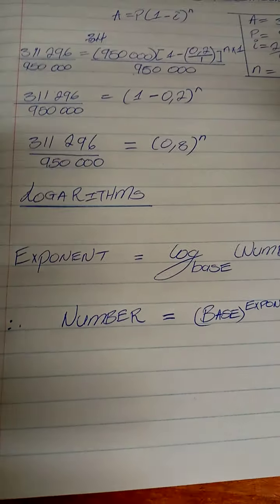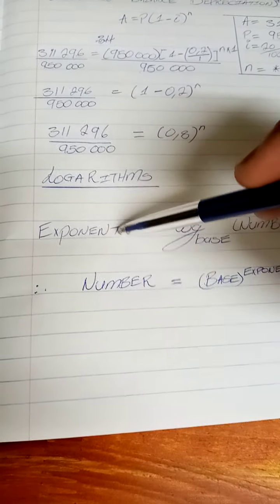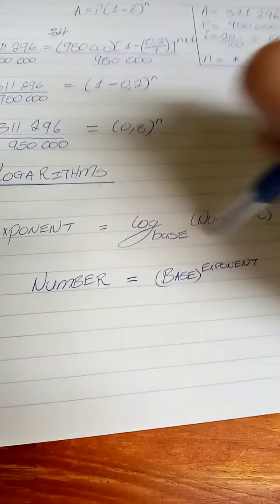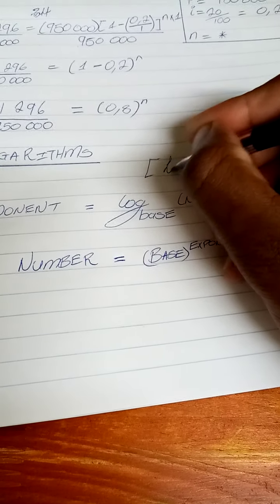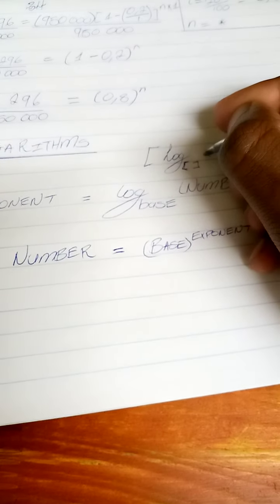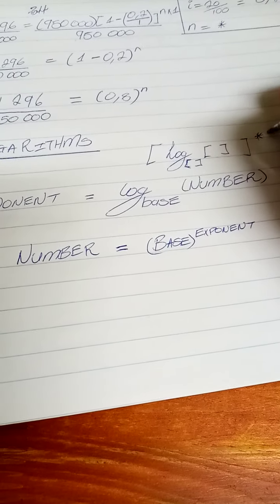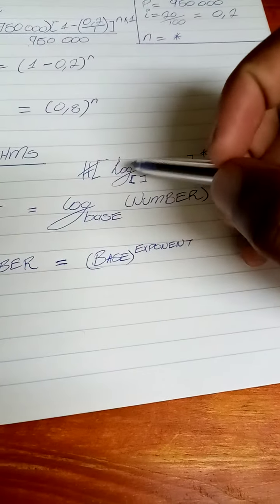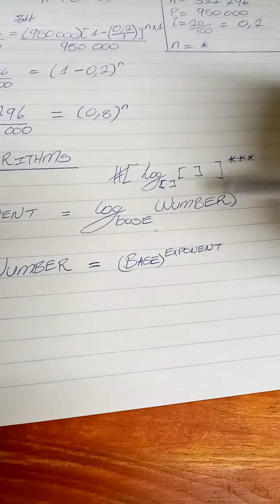Logarithms. So basically, when you look at your calculator, there's a form whereby it is like log, then there will be some sort of square here at the bottom and another square here. There's a certain function in your calculator which looks like this specifically. There you would type in the base and the number.